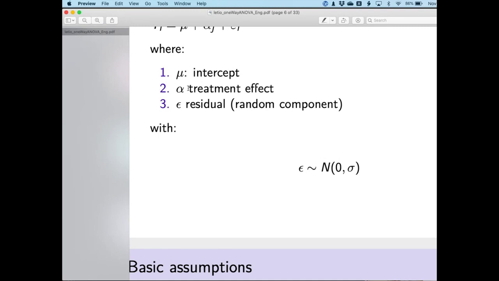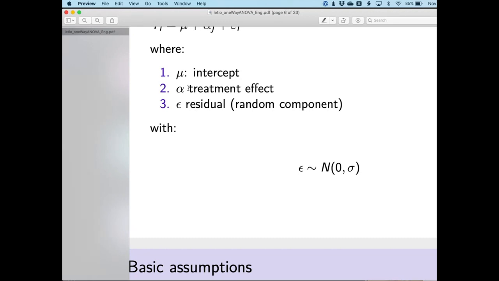I am not sure that the stochastic component is really Gaussian, and I'm not sure that the stochastic component is homoscedastic, meaning same standard deviation for all observations. Right, so these are some basic assumptions which I need to make sure of.